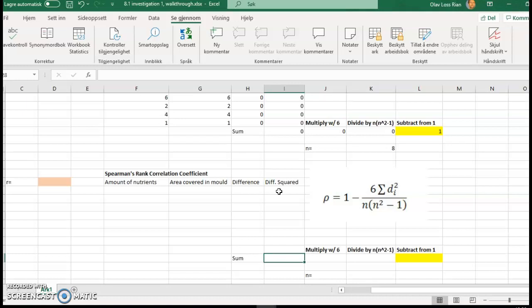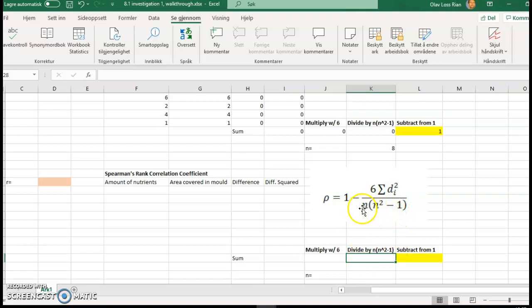So once you have a number here, you can multiply that number with 6 and then divide it with this expression here. Now the n here is the number of numbers that you have, so the number of differences squared.